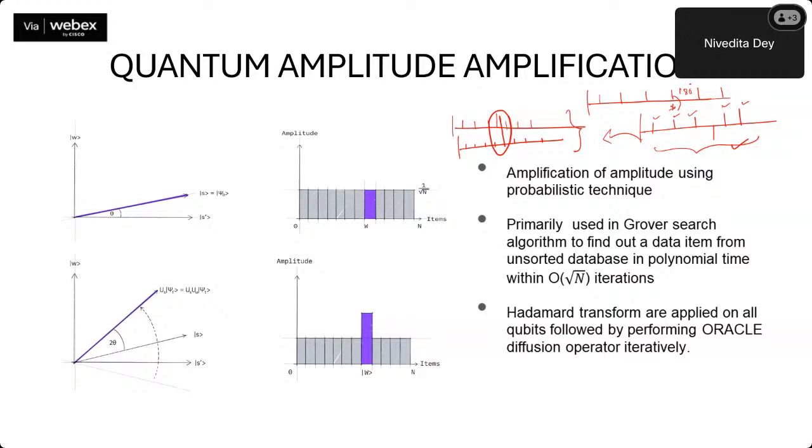But in Grover, in quantum, it is big O of root n iterations. So n has become root n. This is a quadratic speedup.